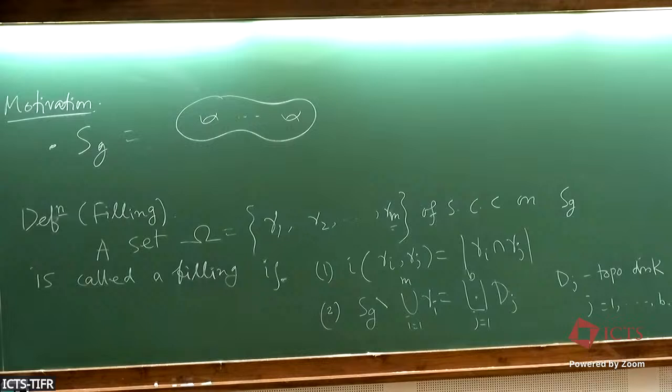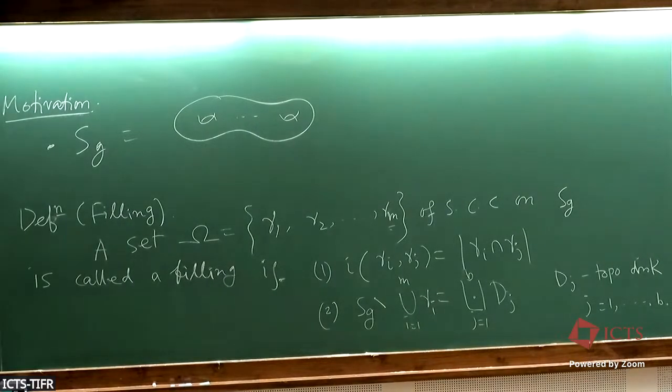Okay, so this is the definition of filling of a surface. And to a filling, one can associate two natural numbers. The number of curves, that is m, is called the size of the filling, and the number of disks in the complement is b.